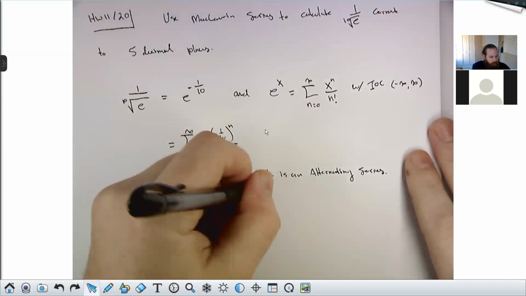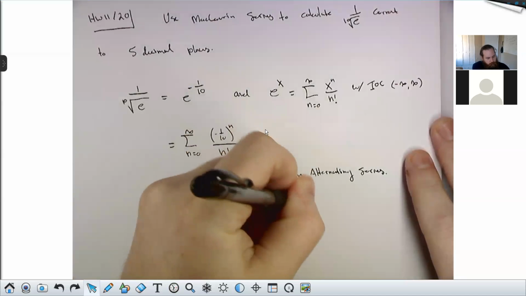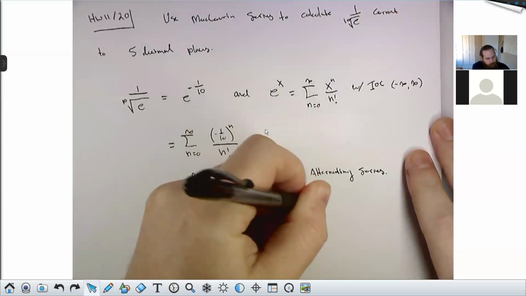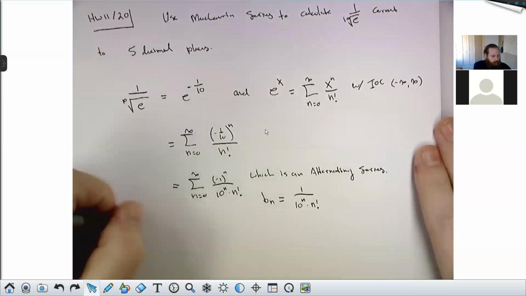The bn's here are 1 over 10 to the n times n factorial. And the trick is figuring out what we need the error to be to get this accurate to 5 decimal places.